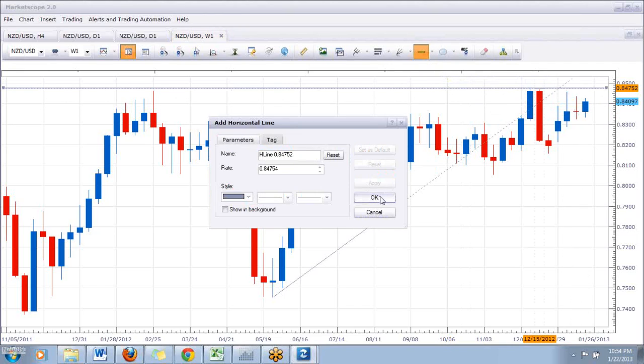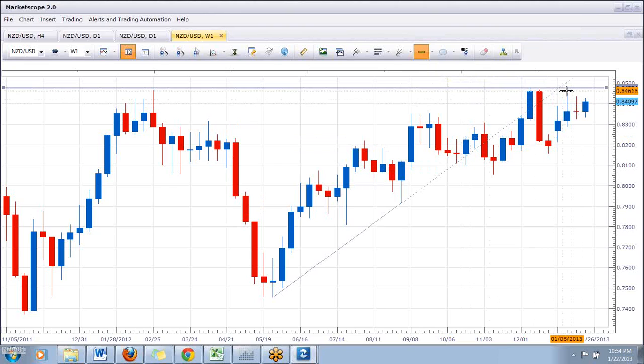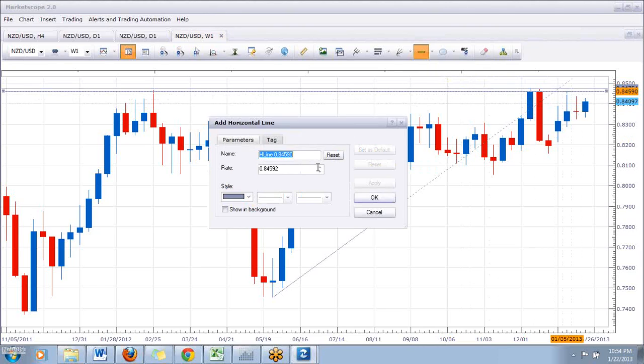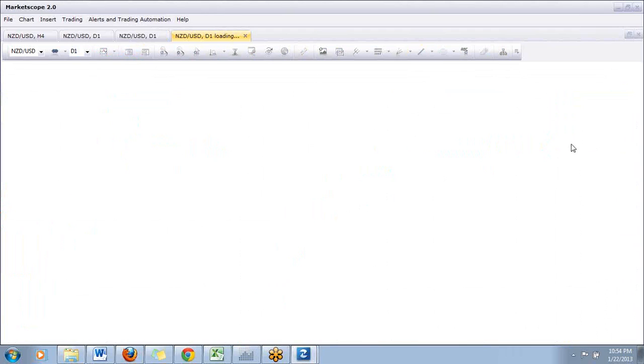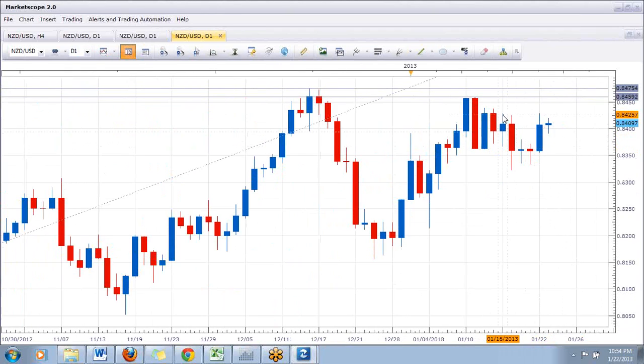Now talking about timing, yeah, the timing is very important. So if the price will cross over just a little bit higher, then it will be great. But on the daily though, see how we have pretty bullish, we have higher highs.